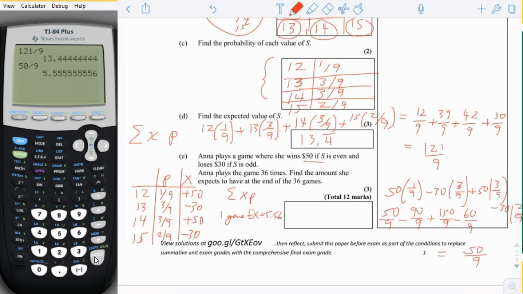Okay, so at the end of 36 games, she's going to have 36 times 5.56. Let's see what that is. 200. So the expected value is going to be $200 at the end of 36 games.